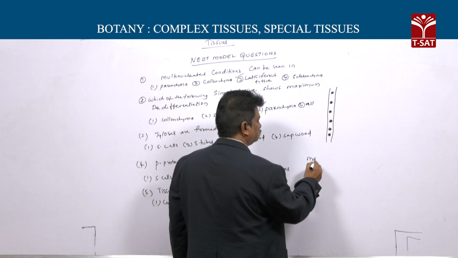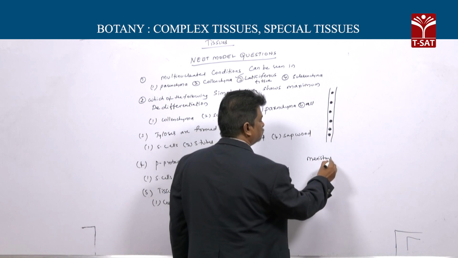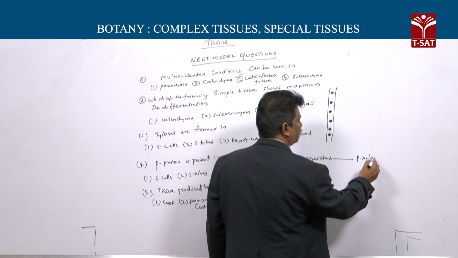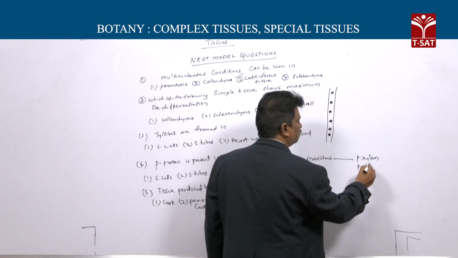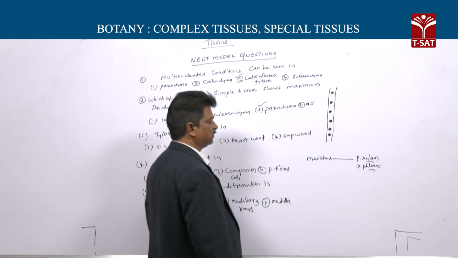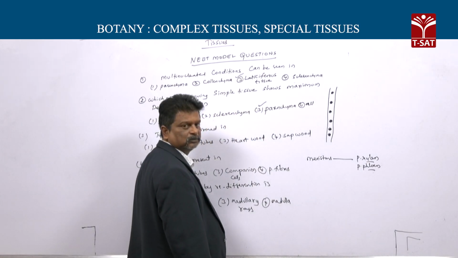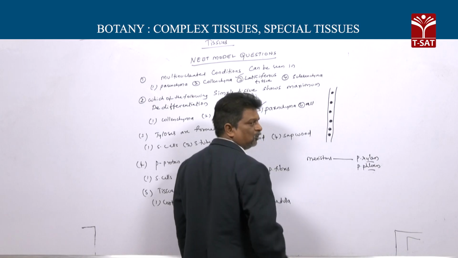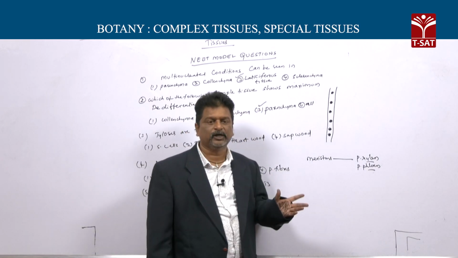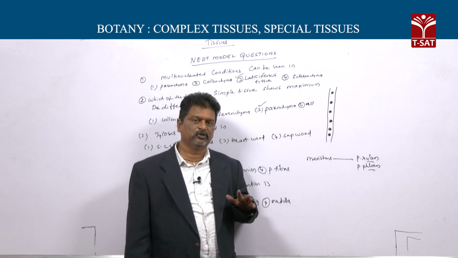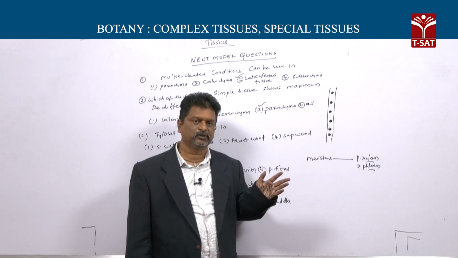Differentiation means meristems give cells like primary xylem, primary phloem. So these cells, for example xylem, is a living cell. For conduction, it undergoes differentiation. How? In xylem initially cellulose is present, but after maturity lignin deposition takes place.